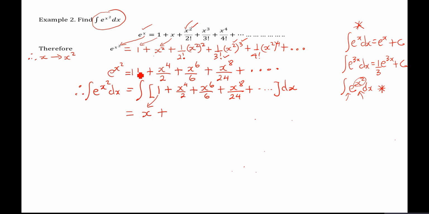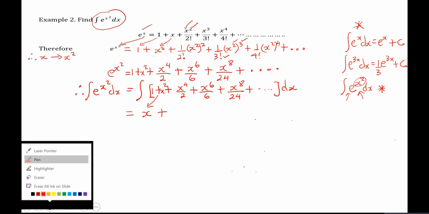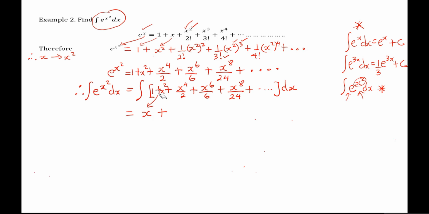Let's just put in a 1 plus x squared. And likewise over here, I'll get 1 plus x squared. Sorry about that. So integrating, let's just get my eraser. Let's remove that.